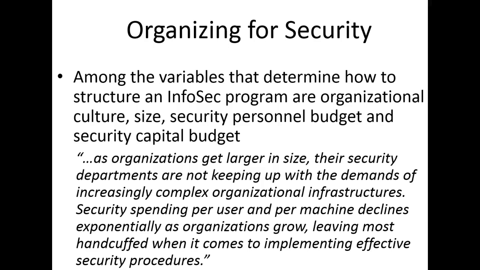But one of the most valuable, important, influential variables in the organization is organization culture. So if the upper management and staff believe that information security is a waste of time, then the information security program will remain small and poorly supported.